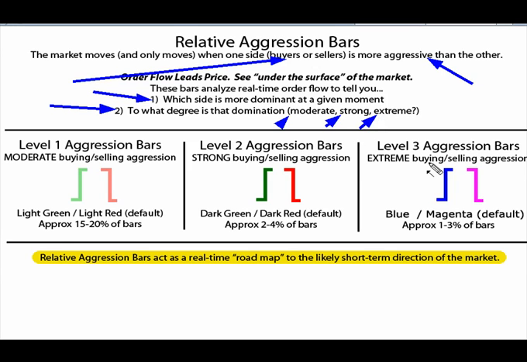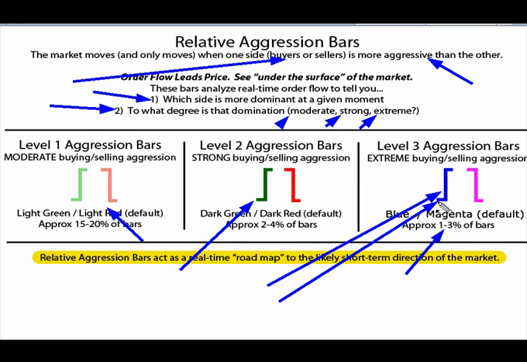You're getting a much better feel for when the market is truly controlled by buyers or sellers at a given moment. And so what we like to do is look especially at these level 3 bars, which don't happen very often, and then a little bit more so at these level 2 bars. And level 1, you've got to be careful. They're good information. They can help you manage trades and so forth, but you don't want to get too fired up about those.